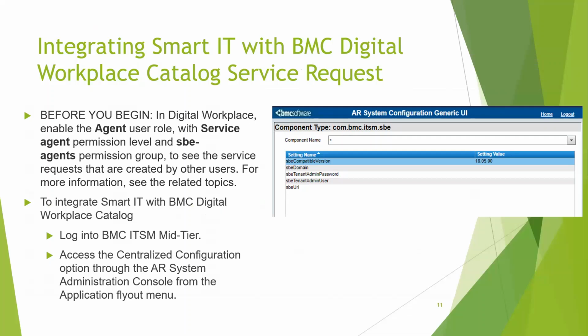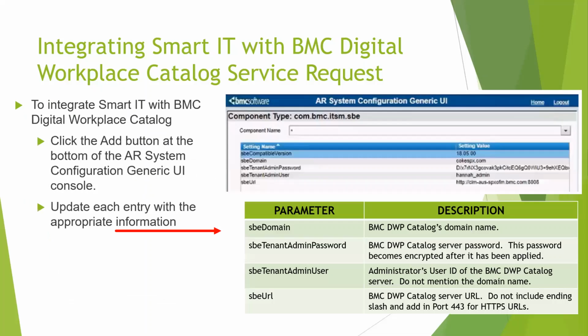I don't like to go to that server group console because I get confused. I do my start functionality to find the SPE, and then I can go in and make these changes. Once I do that, these are the changes that you have to put in the table: you have to populate your domain, your admin password, your admin user, and the URL that you're going to.